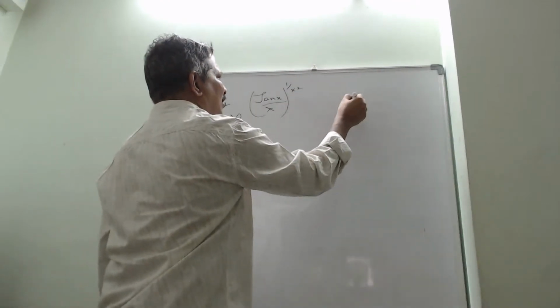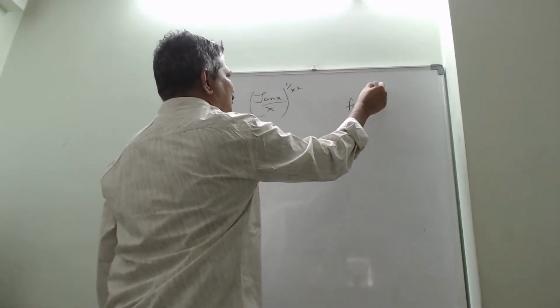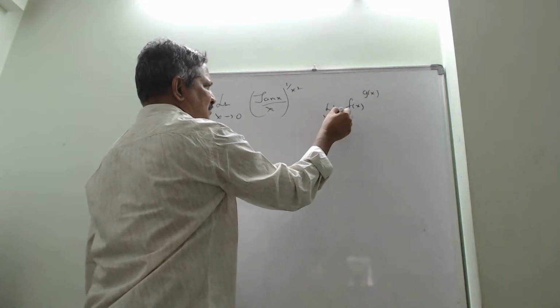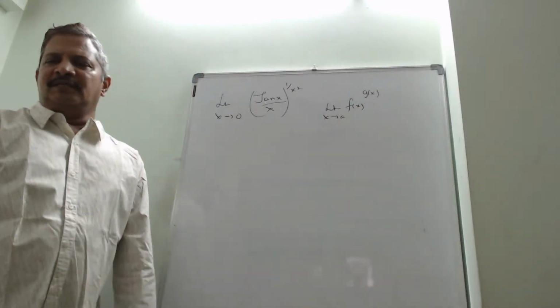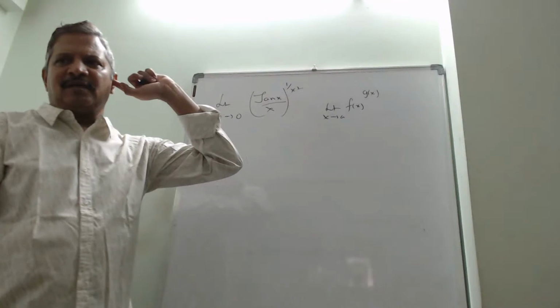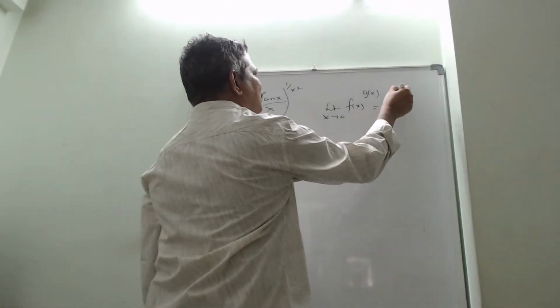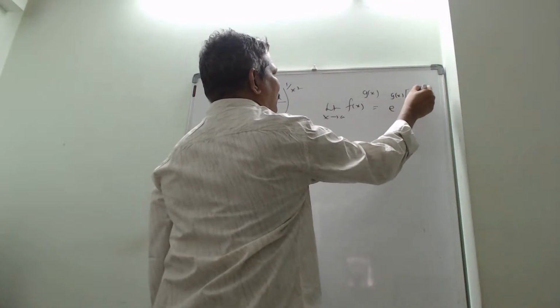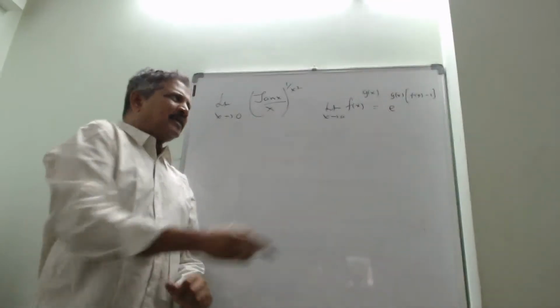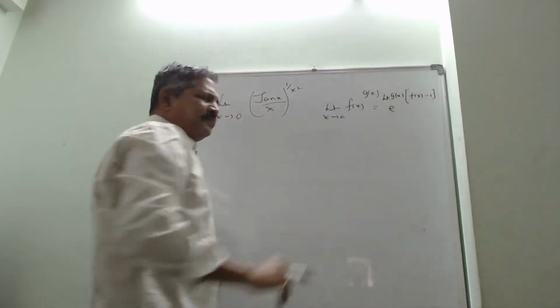This is in the form of limit x tends to 0 of f of x power g of x. It is nothing but e power g of x into (f of x minus 1). As it is, limit x tends to a of f of x power g of x is e power limit of g of x into (f of x minus 1).